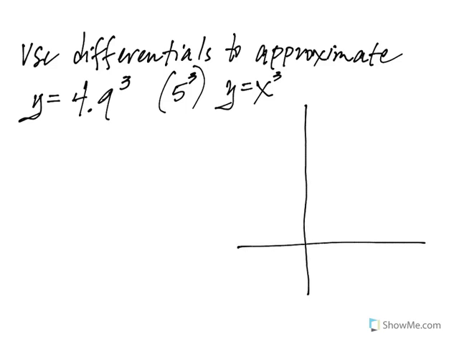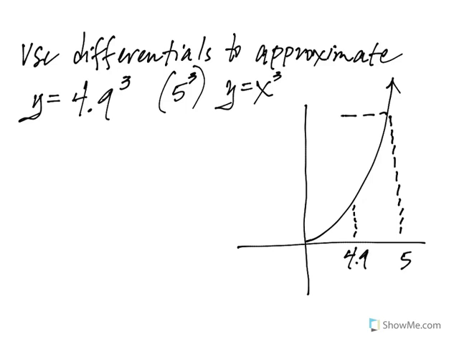If I graph this, here's what I know. I've got an increasing function. Looks something like that. And if this is 4.9, and this is 5, I know what 5 cubed is. 5 cubed is 125. This is what I'm looking for right there, 4.9 cubed.